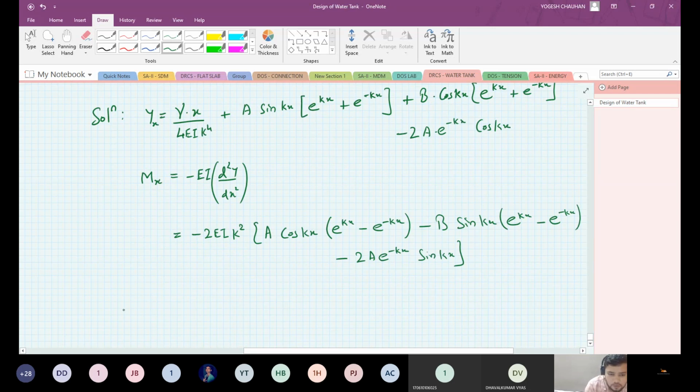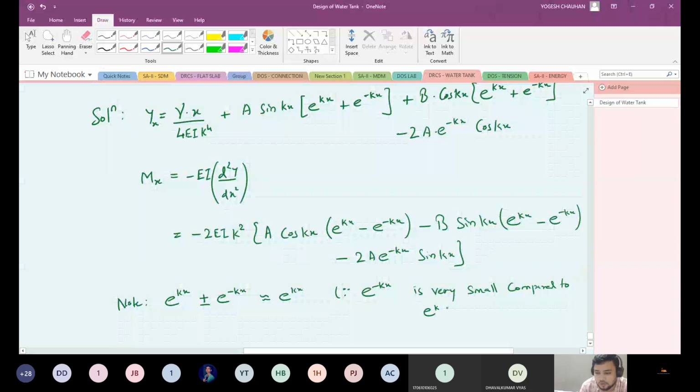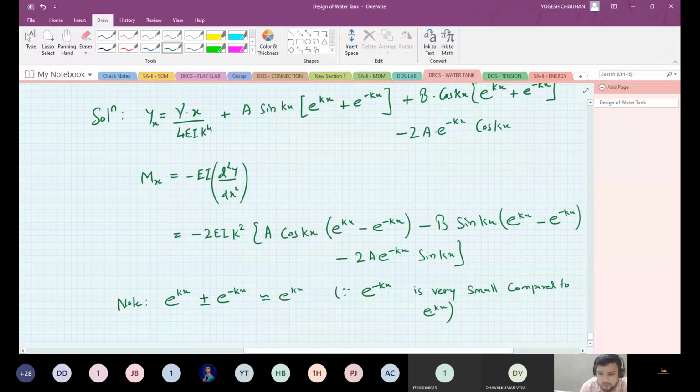Now you know that here e to the power kx plus or minus e to the power minus kx is equal to e to the power kx, because e to the power minus kx is very small compared to e to the power kx.